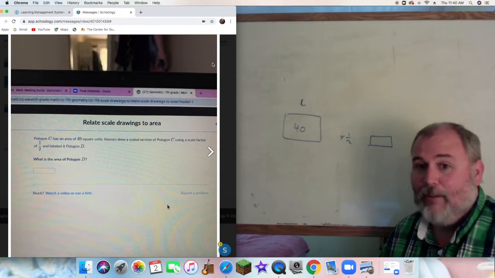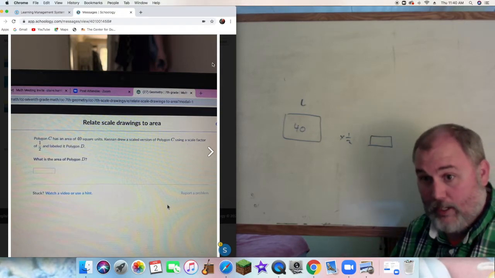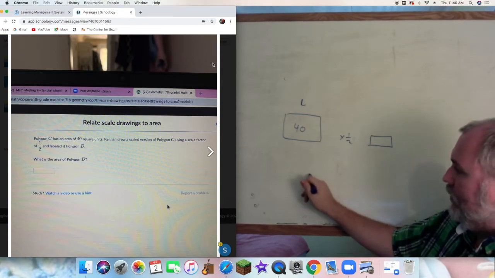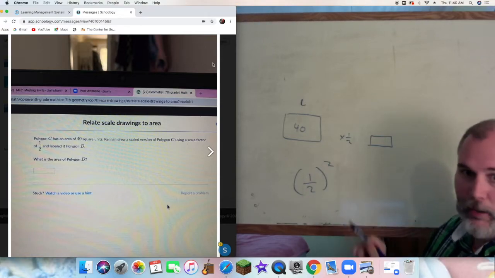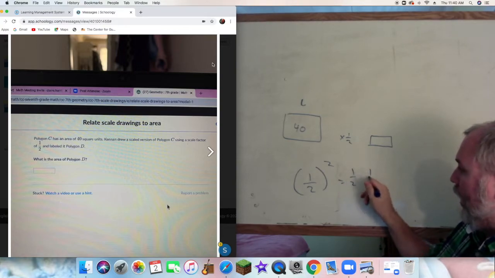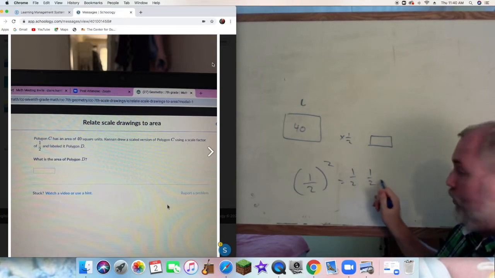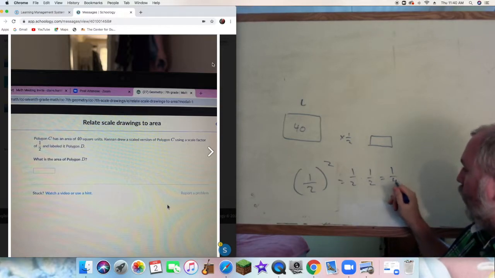What we actually have to do is take this scale factor and square it. So I'm going to take 1/2 and square it, which means 1/2 times 1/2, and 1 times 1 is 1, and 2 times 2 is 4, so 1/4.